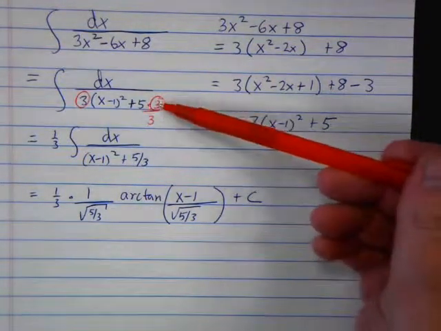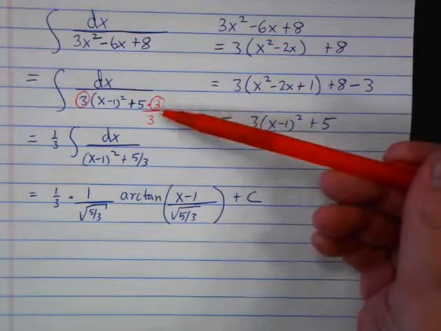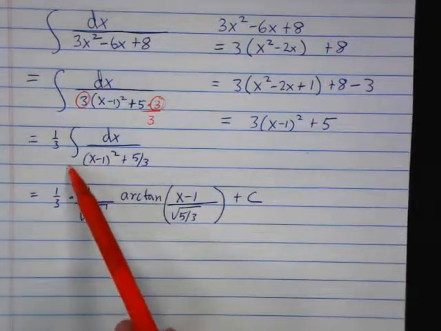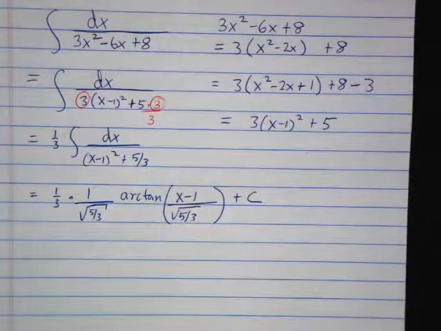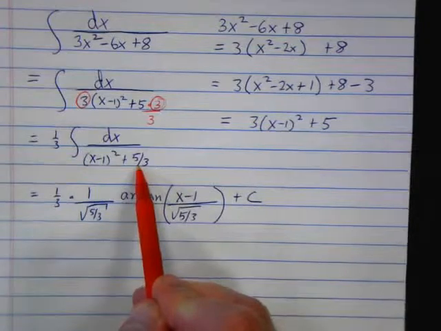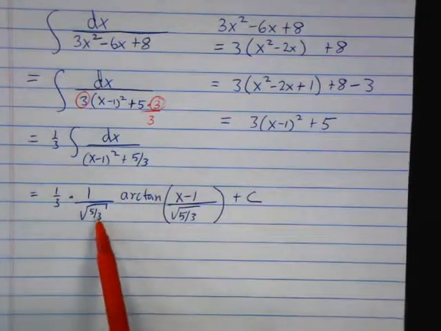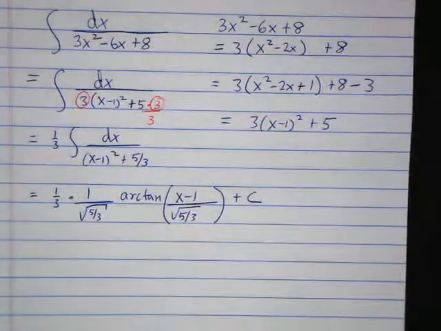You take the number 5, you multiply and divide it by the right thing so that you don't have a number sitting out front anymore. Why is it square root of 5/3? Because remember, this number 5/3 is a squared. This formula has a squared here, so a would be the square root of 5/3.